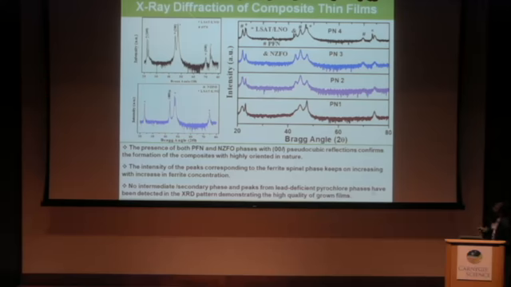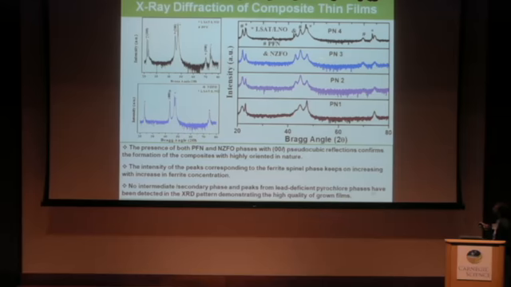So these are the X-ray diffraction patterns of pure PFN, pure NZFO, and the composite structures. Here, in PFN and NZFO, we only observe the L00 peaks, meaning for PFN we only observe 100, 200, 300 peaks, and in NZFO we only observe 400 peaks. In the composite case, we also only observe the L00 peaks.